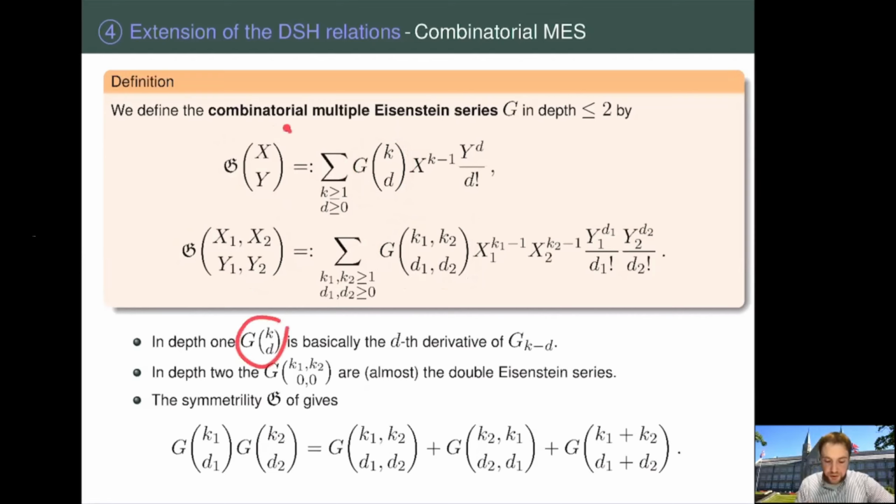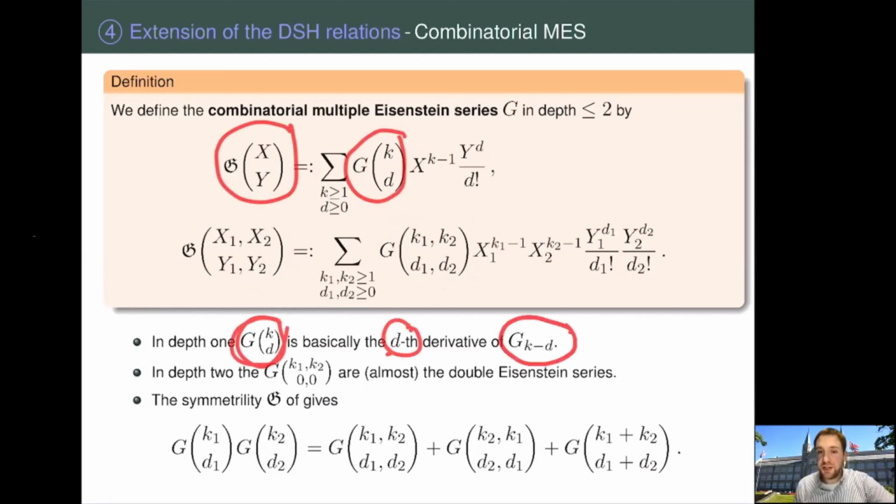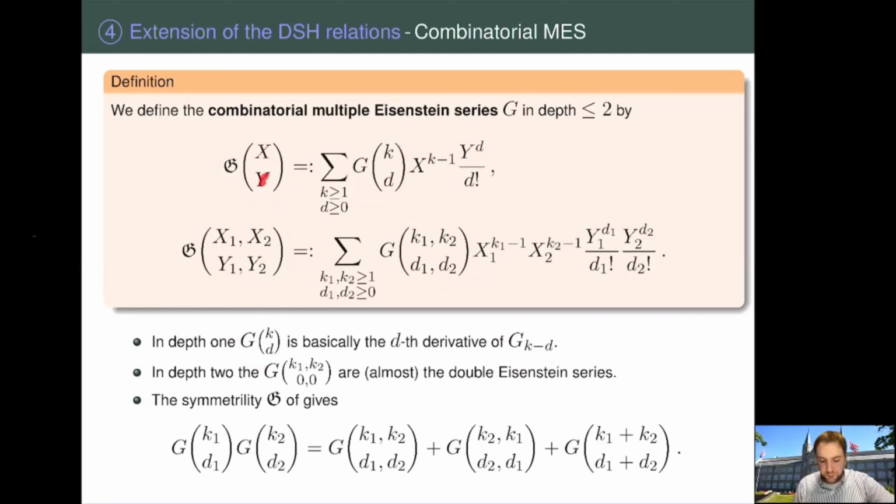So the coefficient of this B-mold in depth 1, which we denote by G_k^d, this G_k^d is basically exactly the d-th derivative of this G_{k-d}. And if we set these y's to be 0, meaning here we put this 0, then these in depth 2 are basically given by these double Eisenstein series.